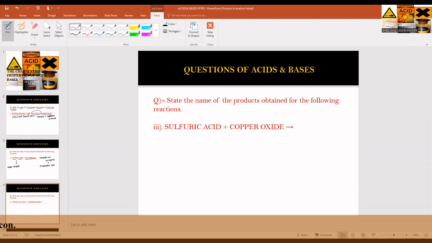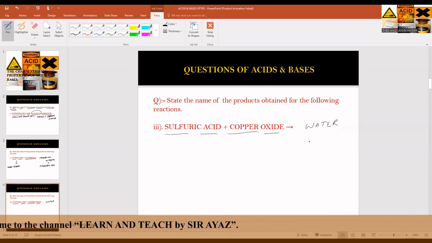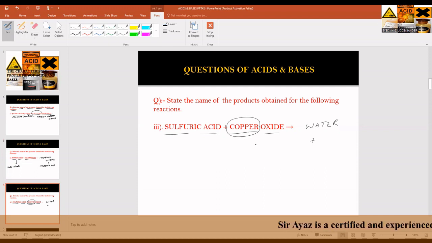The last part of this question, sulfuric acid plus copper oxide. Now this is the reaction between metal oxide and acid. Whenever you react metal oxide with acid, you will get salt and water. So water will be one of the products. So I'm writing water on top of it. What about the name of the other product? If you look at this reactant, the reactant is copper oxide.